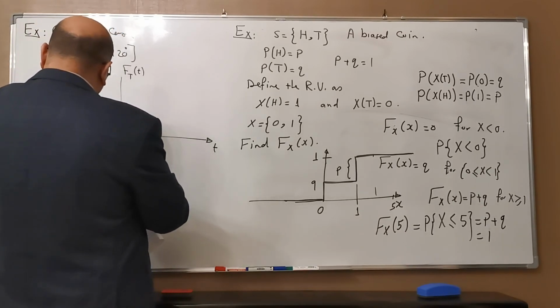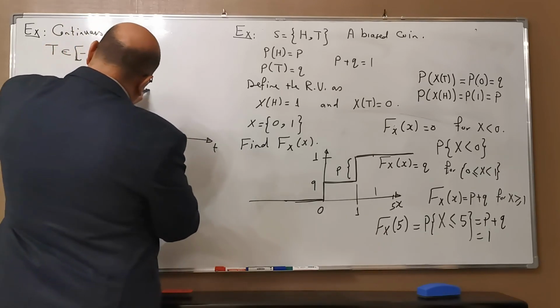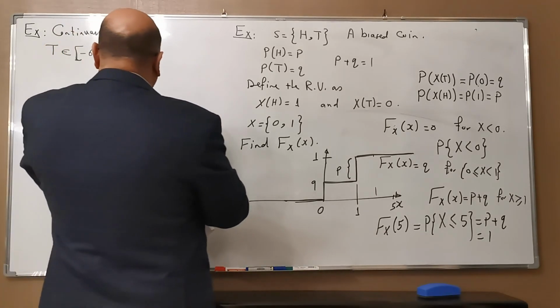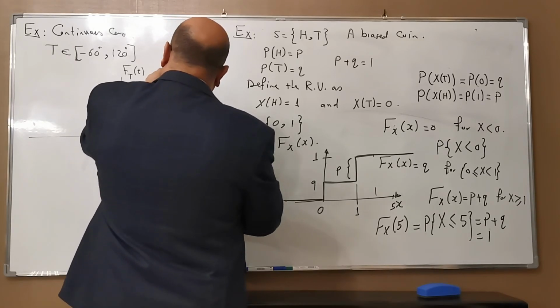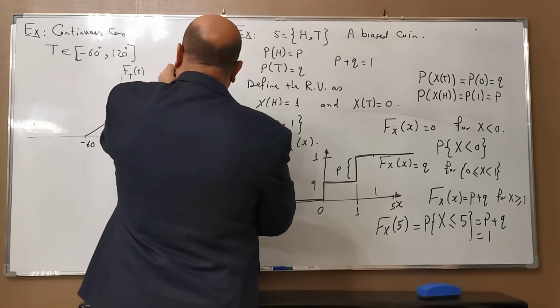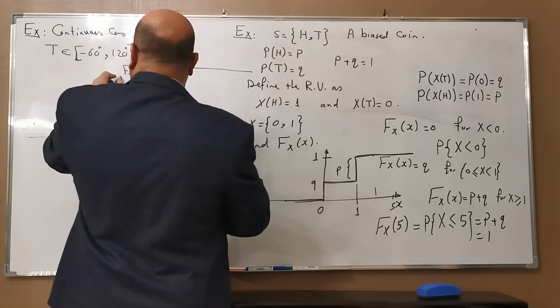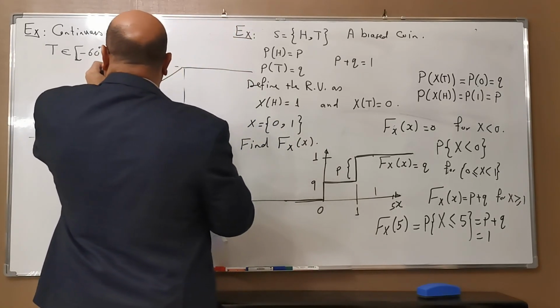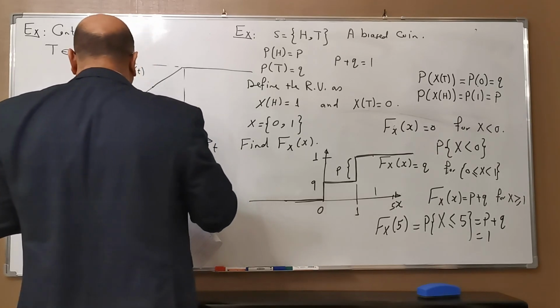It accumulates values until we reach 120, and then it goes like this, constant. Okay, so this is 1.